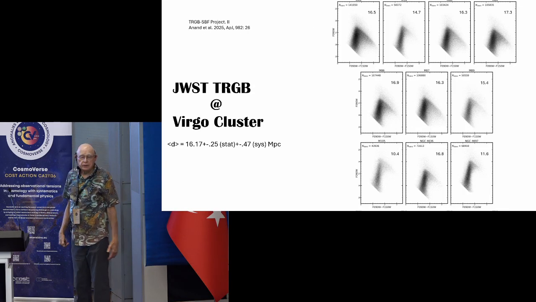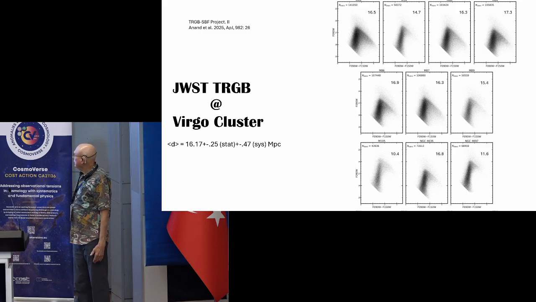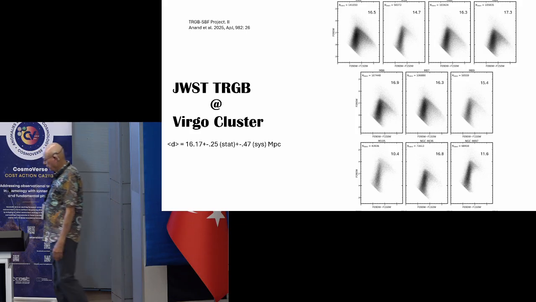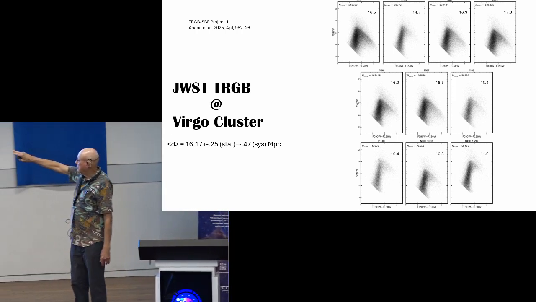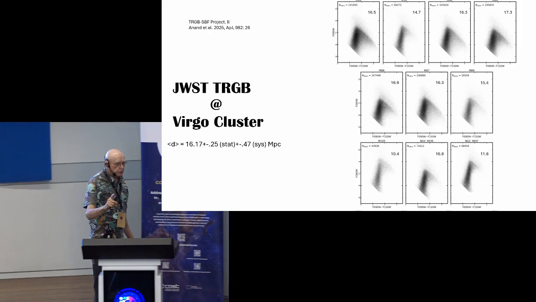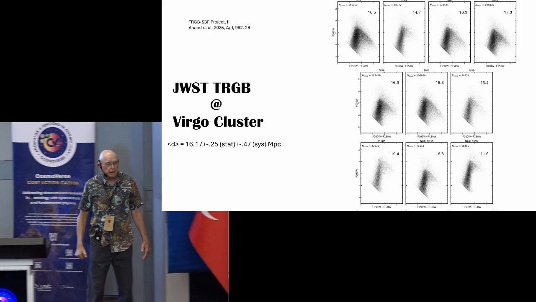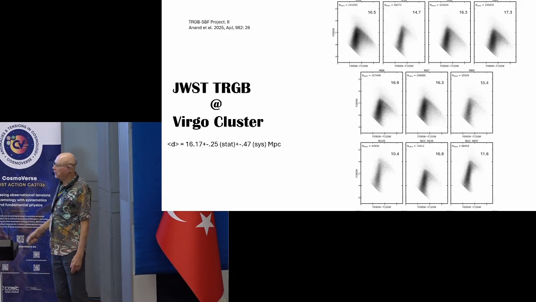In the Virgo cluster, we have all of these other galaxies here that we've looked at, and there's distances that we assign to it. And overall, we find a distance then to the Virgo cluster of about 16 megaparsecs. That's a little bit closer than you'll find in the literature. And that's an interesting thing in itself.